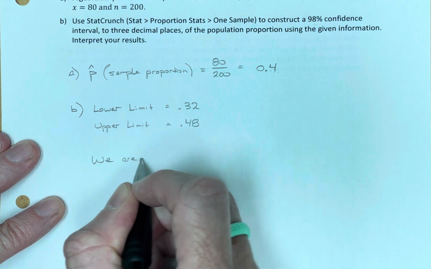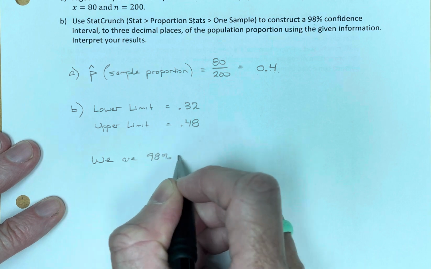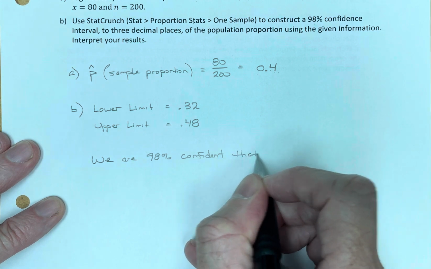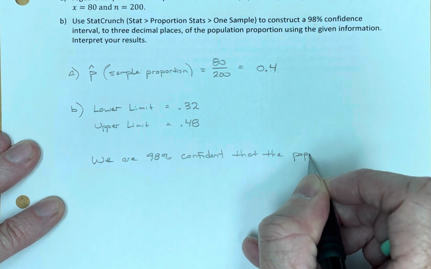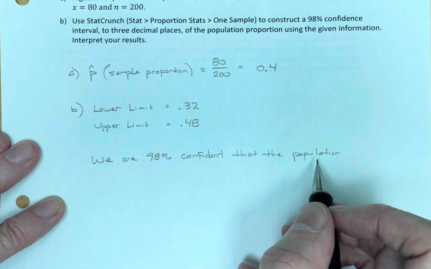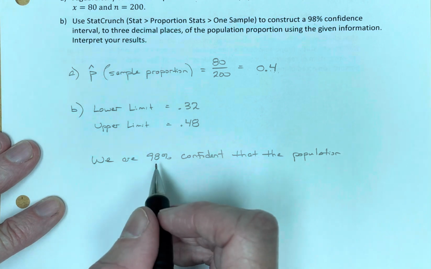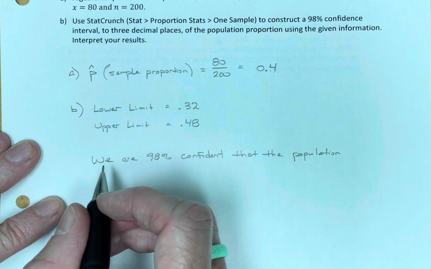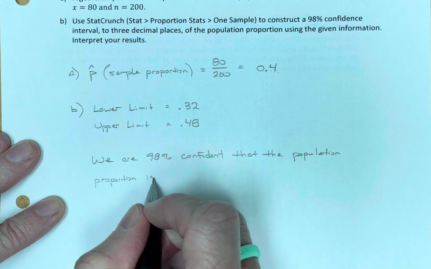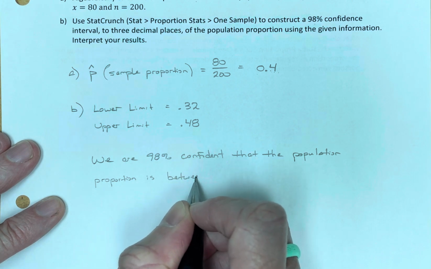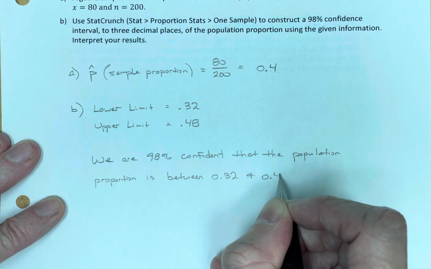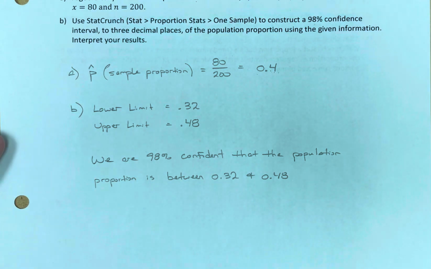We are 98% confident that the population proportion, which we do not know, we know our sample proportion was 0.4. We do not know the population proportion, but we are 98% confident that the population proportion is somewhere between 0.32 and 0.48 based upon our sample data.